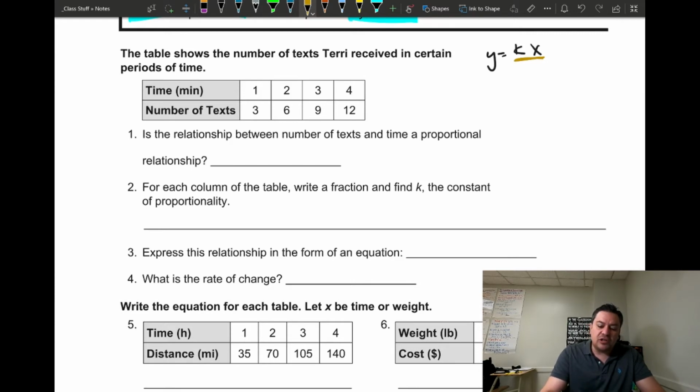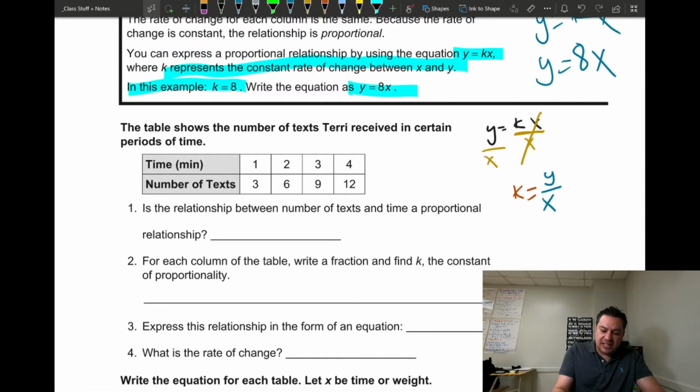In order to get rid of that multiplying x, I will have to divide by x. But what I do to one side, I do to the other side. So this will cancel out, and I will be left with k equals y over x. That's the same equation, just written in a different way.